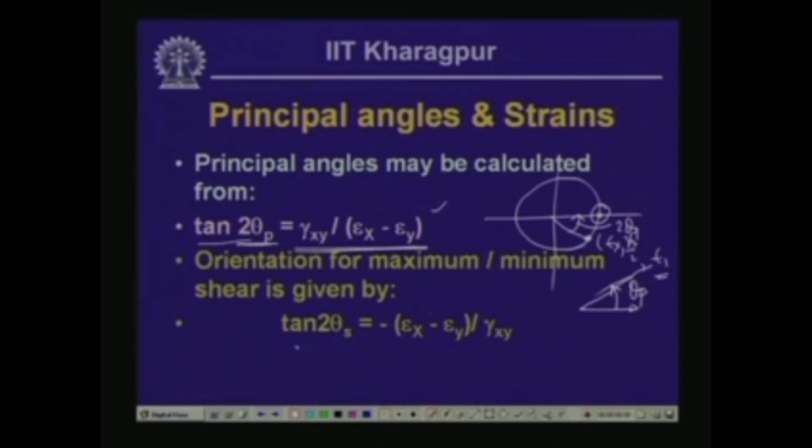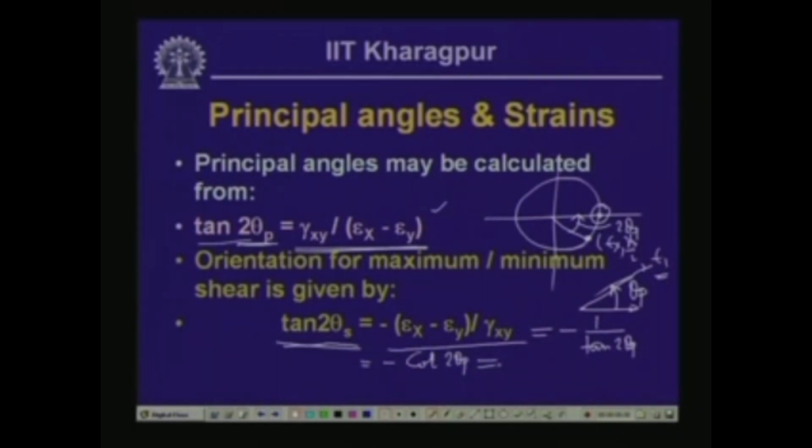Consequently, we had seen that the expression for evaluating the angle for maximum shear strain, tan 2 theta s, is equal to epsilon x minus epsilon y by gamma xy. Now, this value can be written as minus 1 by tan 2 theta p, or this is nothing but equal to minus cot 2 theta p.